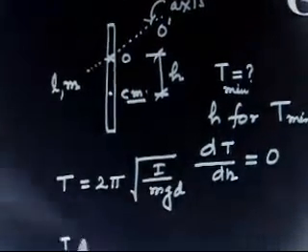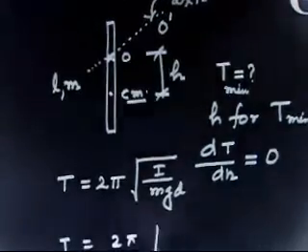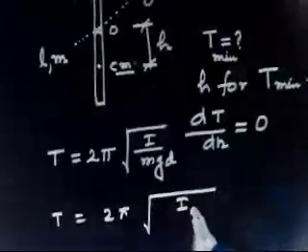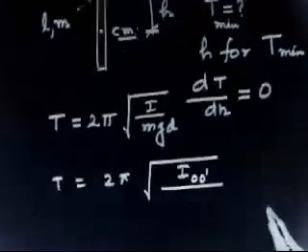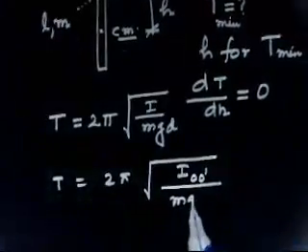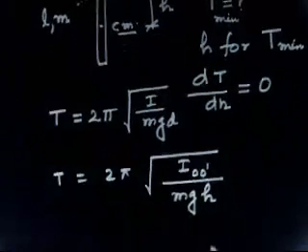So in this case T is 2 pi under root I about O dash divided by mg, and in this case d is basically h.